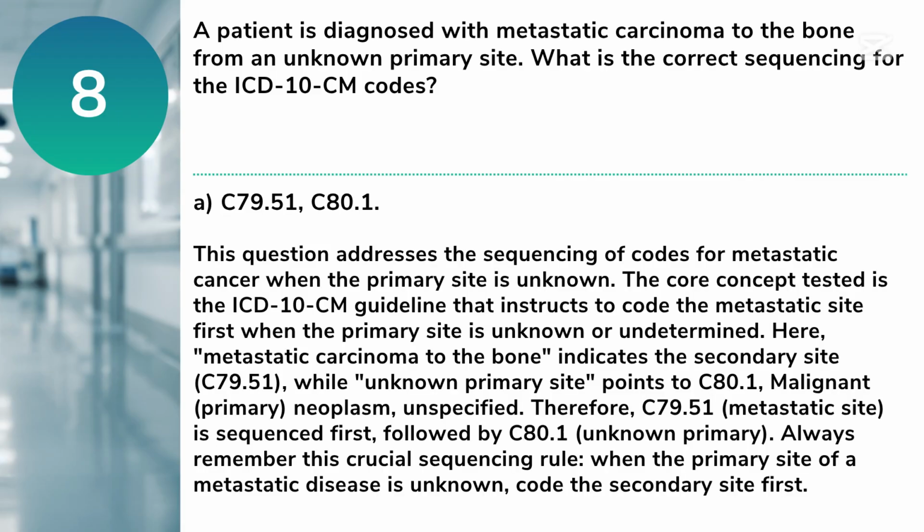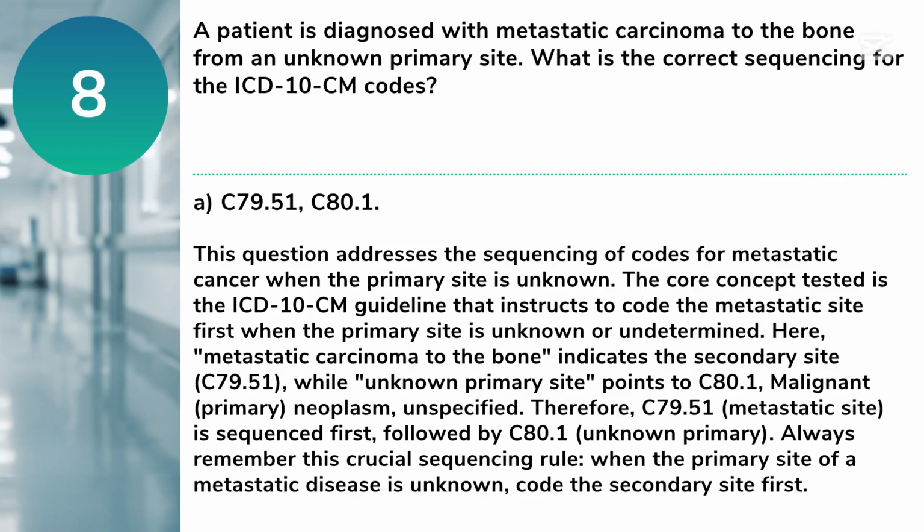Answer: A. C79.51, C80.1. This question addresses the sequencing of codes for metastatic cancer when the primary site is unknown. The core concept tested is the ICD-10-CM guideline that instructs to code the metastatic site first when the primary site is unknown or undetermined.